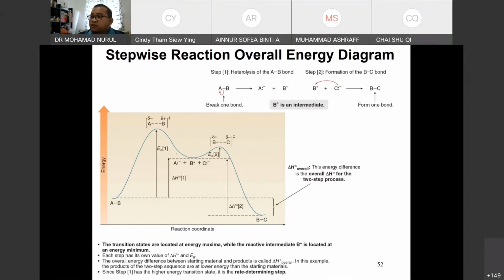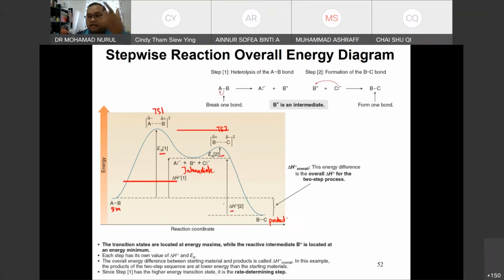In this case, you will have two curves here. This is the first transition state, this is the second transition state, and this is the intermediate. This is the starting material, and this one is the product. If there are two-step reactions, you should have two activation energies, this one and this one, and also two delta H values.